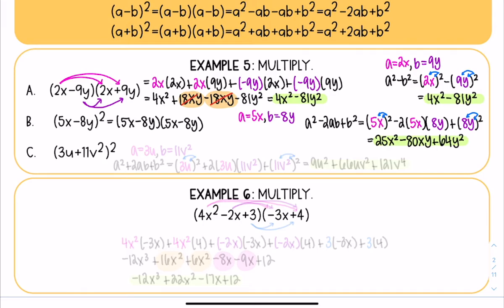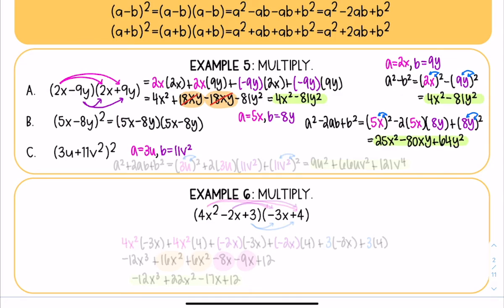And we have one more. You can approach this again with the multiplication way by writing it twice and then distributing twice, or you can use the formula. So I'm going to use the formula for this. We have a, which is 3u, and we have b, which is 11b squared.